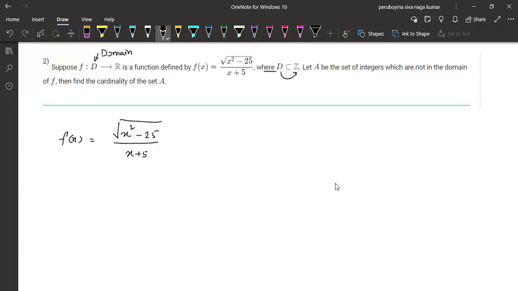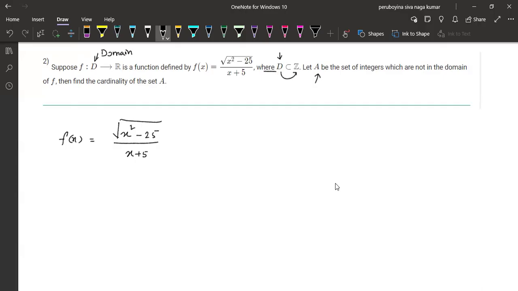Some integers will exist in D, some do not exist in D, and of course they are integers, so those integers will exist in capital A. Then find the cardinality of this set A.